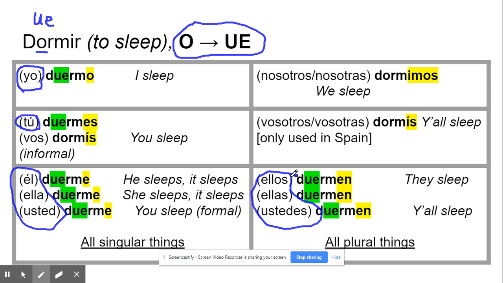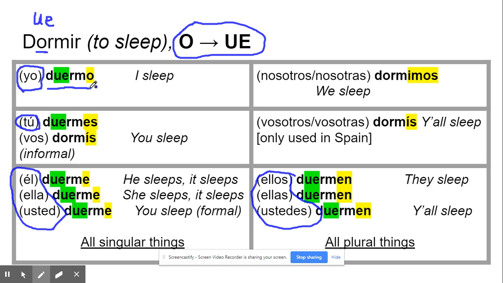So let's look at the different forms of dormir. Look at the yo form first. We have the word duermo right there. You can see that I highlighted in green that the O changed to a UE.